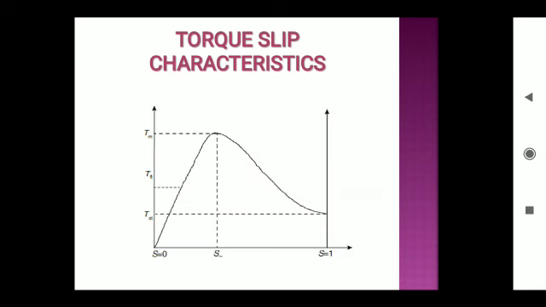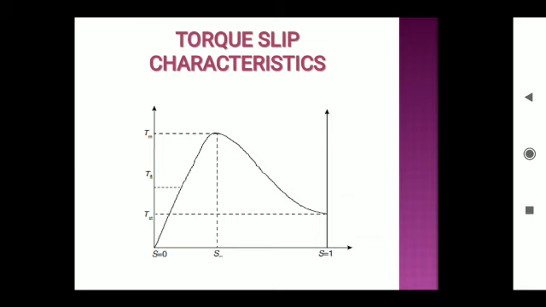So this is the torque slip characteristics graph. On the x-axis is the slip, and the torque is on the y-axis. When S is nearly equal to 0, at that time the motor is running at nearly the synchronous speed.